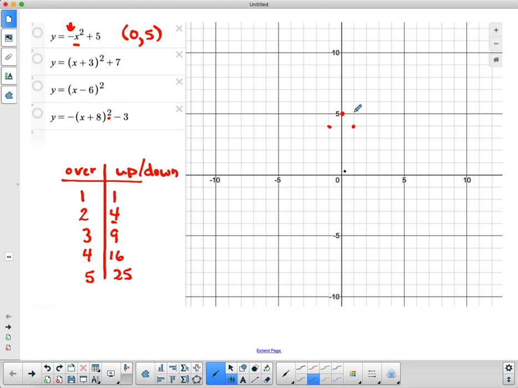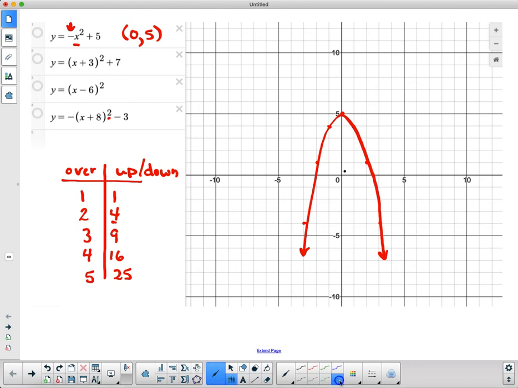So over 2, down 4: 1, 2, 3, 4. And it's the same on both sides of the parabola. Over 3 is going to be down 9. So that's 5, 6, 7, 8, 9. So here's down 9, and it's the same on the other side of the parabola. So you can see that we're getting this nice smooth curved parabola shape.